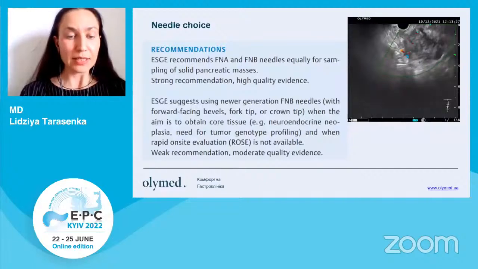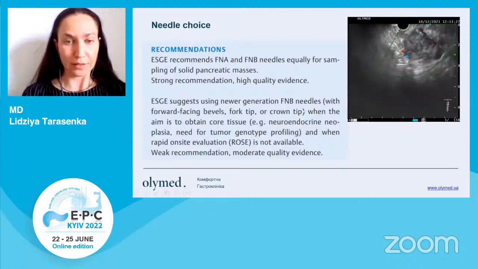As a result, we see in the recent European guidelines this statement. If you need just a diagnosis, ESGE recommends FNA and FNB needles equally. But if your aim is core biopsy, then you probably have to use FNB needles, but the quality of recommendations is low.